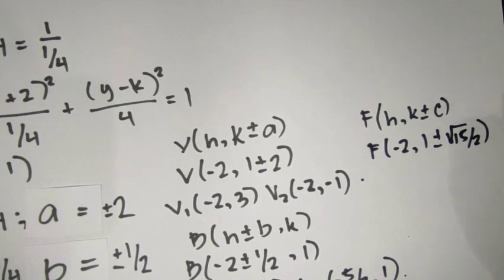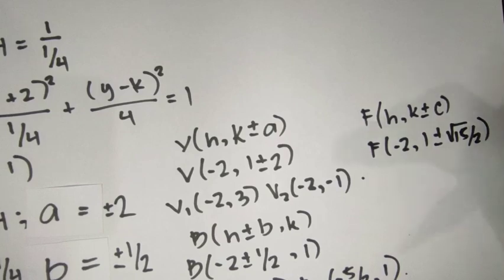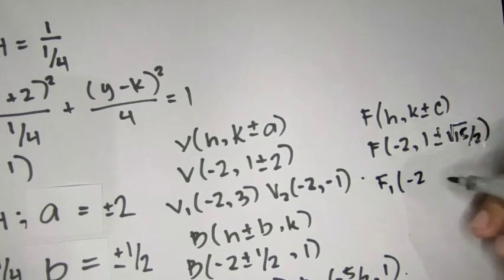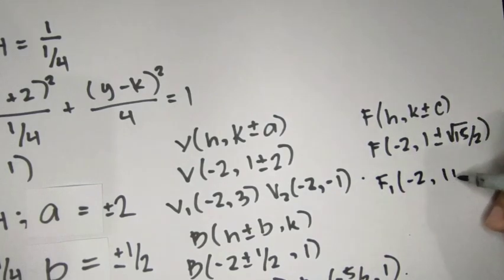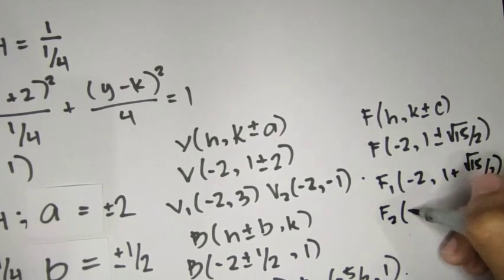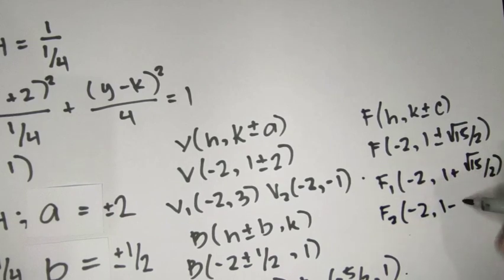So that will be our foci of the ellipse. We will just simplify this later. Negative 2, 1 plus square root of 15 over 2, and negative 2, 1 minus square root of 15 over 2.